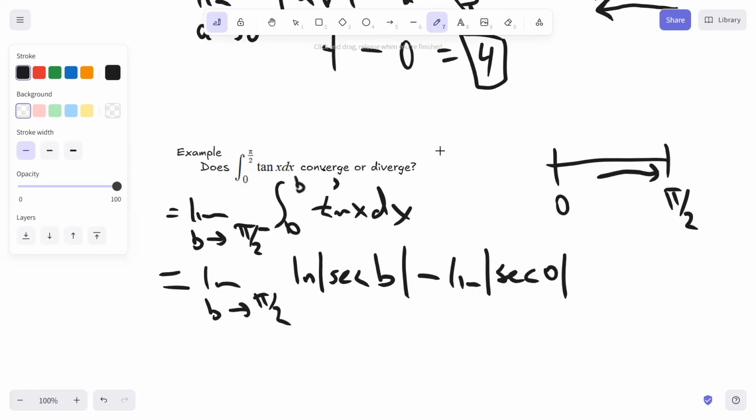Now, secant 0 is 1, so natural log of 1 is 0. Natural log of secant b approaches infinity because secant b, as b approaches pi over 2 from the left, approaches infinity. So this one diverges.